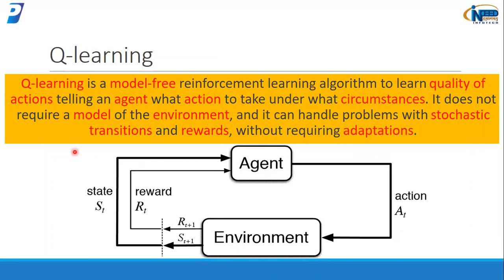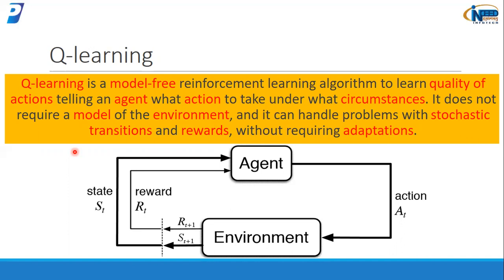Q learning is a model-free reinforcement learning algorithm. The objective is to learn the quality of actions, telling an agent what actions to take under what circumstances. The important thing is it doesn't require a model of the environment. As we discussed, this is not supervised learning, but it can handle problems with stochastic transitions and rewards without requiring adaptations.